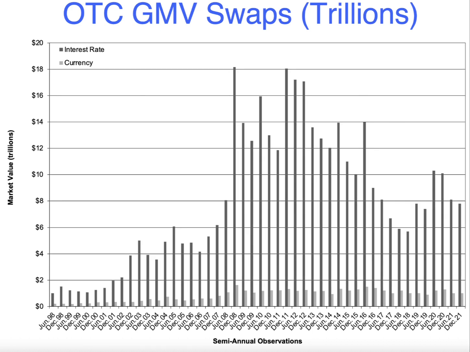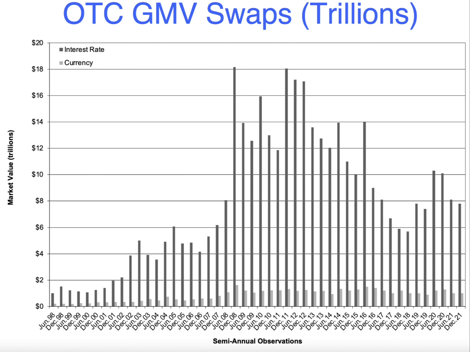And so the gross market value, interestingly, is much smaller, but it's still measured in trillions of dollars. And so if you think about an interest rate swap as a financial derivative, the fair market value of all of them should be 0. But in this case, we're looking at the fair market value of the receive fixed leg or the receive floating leg.